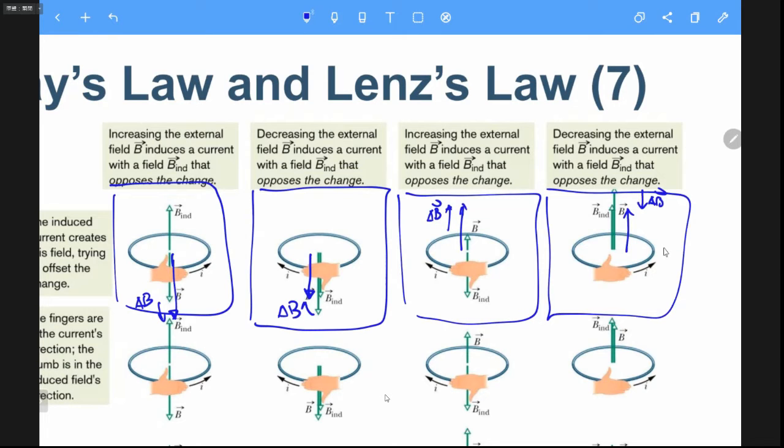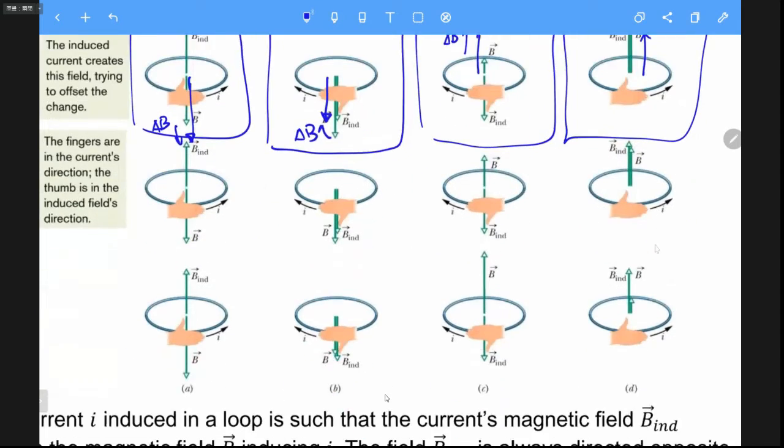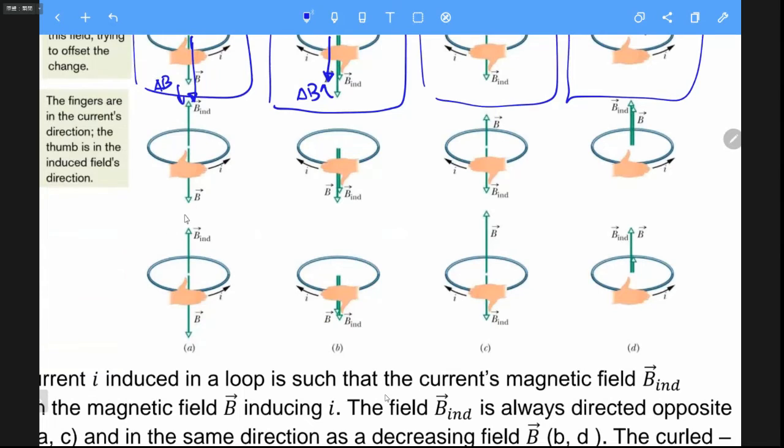Okay, so up till now, we know that this is B induced pointing upward, this is B induced pointing downward, B induced pointing downward, B induced pointing upward. So sometimes they point in the opposite direction, sometimes they point in the same direction. So it is not related to the direction of the B field, but it is related to the change of the B field.